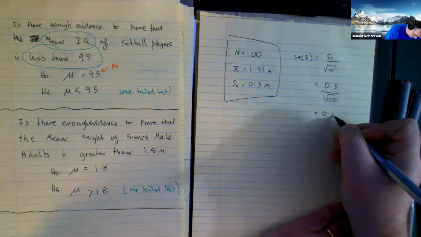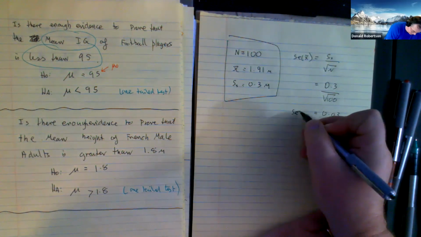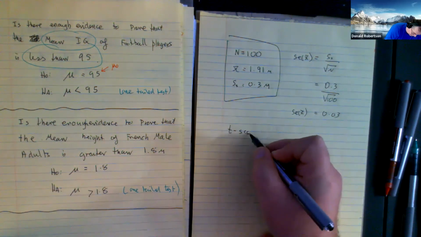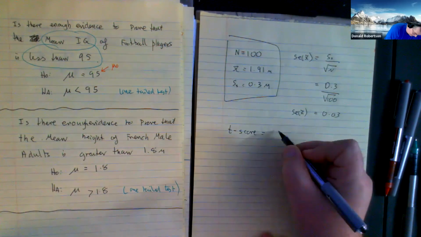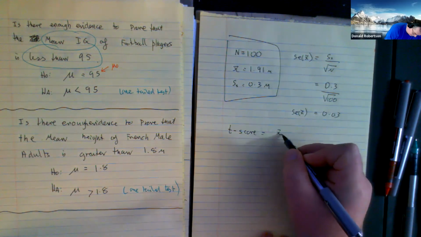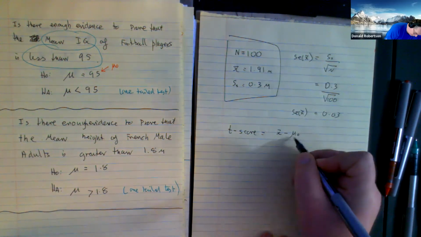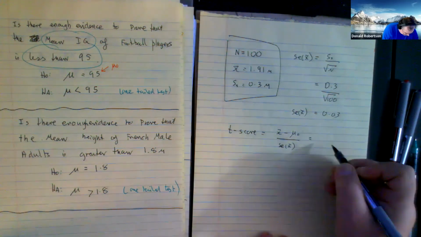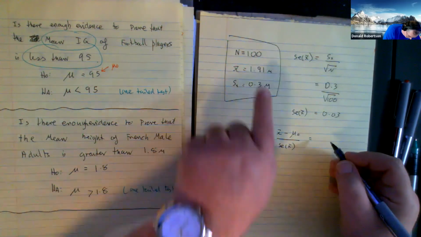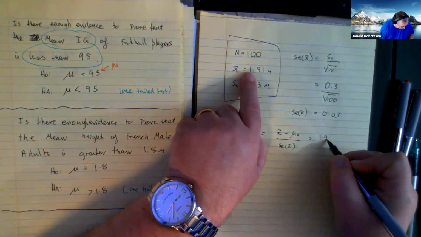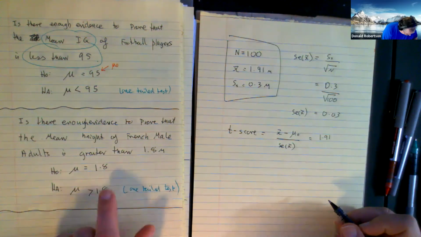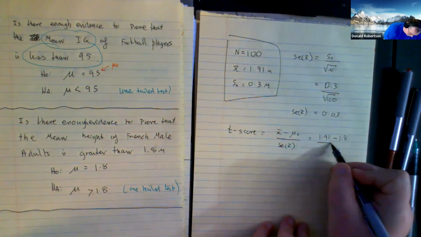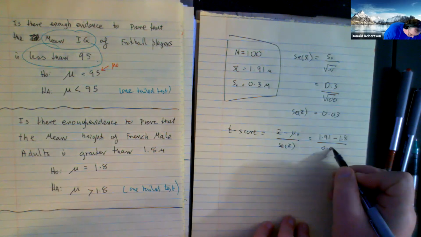Which is that guy. And then I can get the t-score, because that's what we're being asked to find. The t-score then is the mean, take away mu naught over the standard error. And the mean is 1.91, and this guy is 1.8, and it's going to be divided by 0.03.